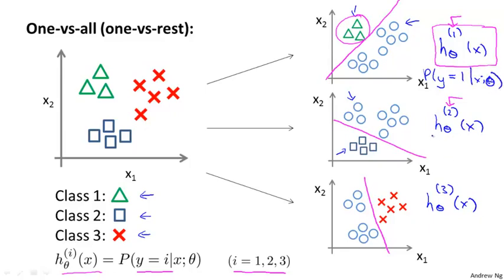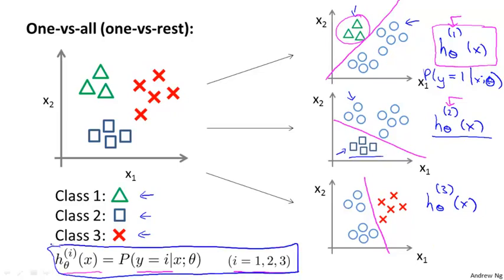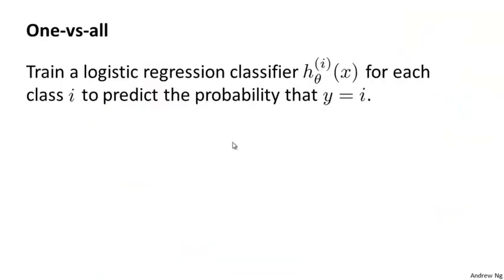And similarly, this is treating the square class as a positive class, and so it's trying to estimate the probability that y is equal to 2 and so on. So we now have 3 classifiers, each of which was trained to recognize one of the 3 classes. Just to summarize, we want to train a logistic regression classifier h superscript i of x for each class i, to predict the probability that y is equal to i.